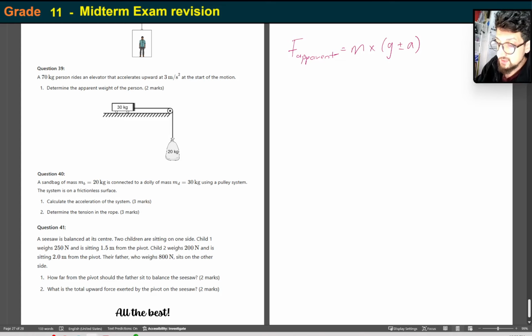So we add the acceleration. So it's going to be 70 kilograms multiplied by 9.81 plus 3 meters per second squared. 70 times 9.81 plus 3.